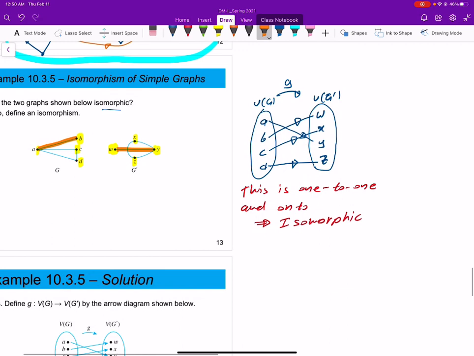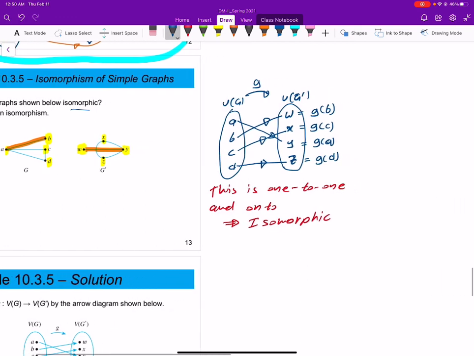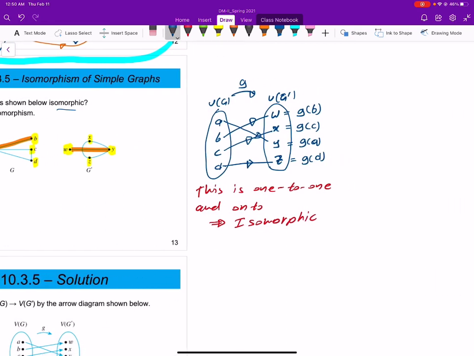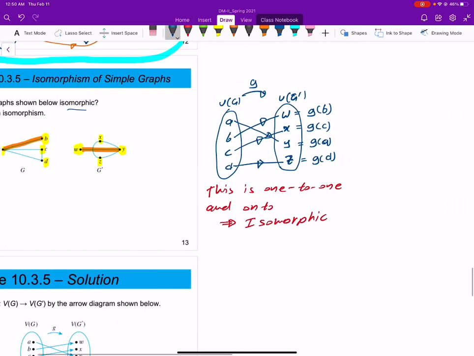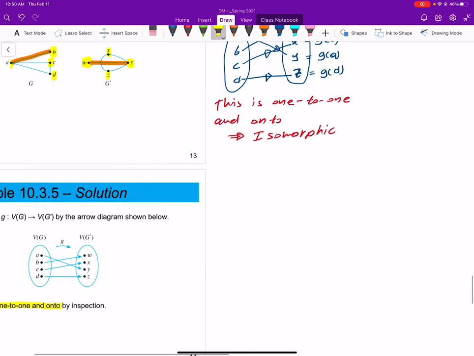This W is the same as GB. This X is the same as GC. This Y is the same as GA. And this Z is the same as GD. Alright, this WY can be written down as GB comma GA. See, GB comma GA.